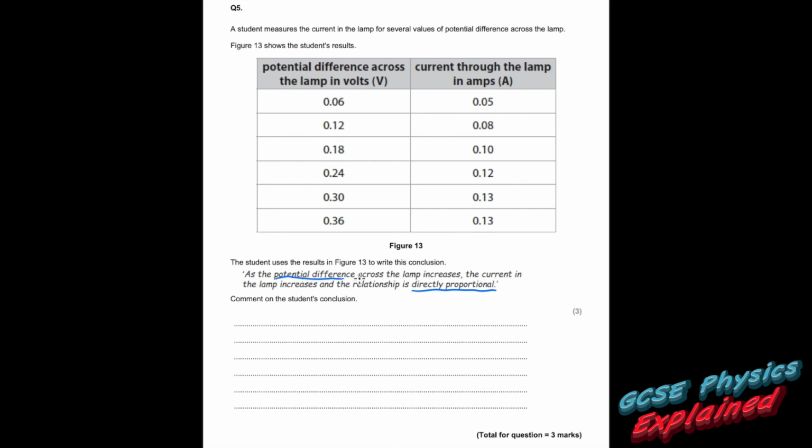Once again, it's potential difference, and it's the current this time, actually, before it was potential difference and resistance. And comment on the student's conclusion. Right, if it's worth 3 marks, we'll talk about the general relationship. So, as the potential difference increases, does the current actually increase? Yeah, it does, except for this last little bit, but that's fine.